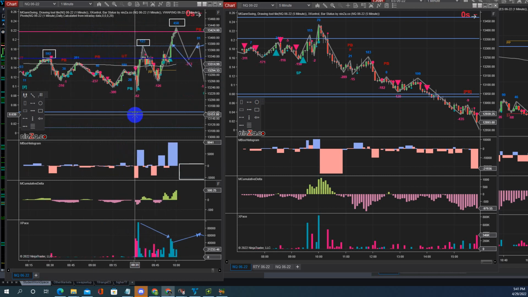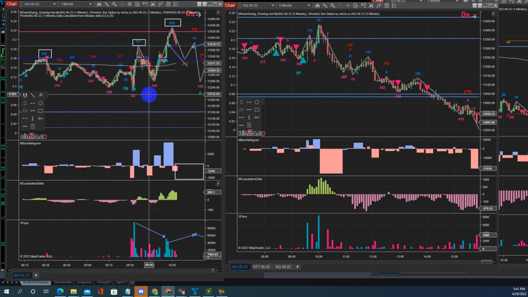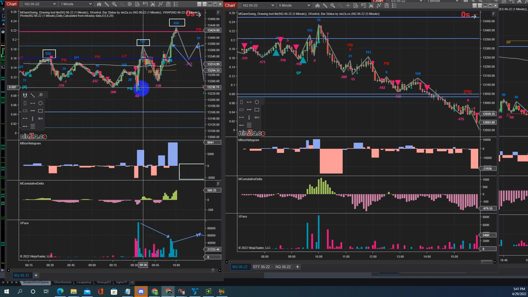If you look at this point, it's showing you more buying, rising buying. Delta is rising overall, and you can see delta diverging from minus 300 to minus 62 only.